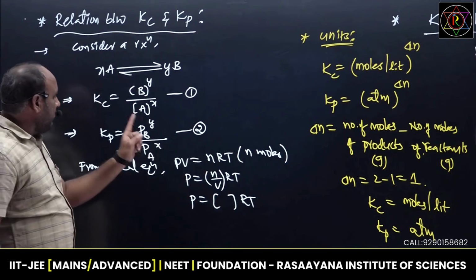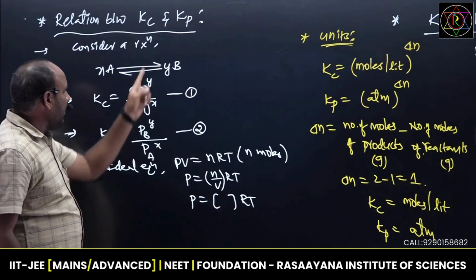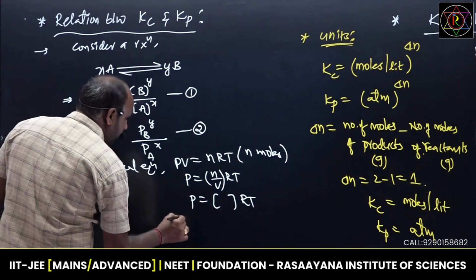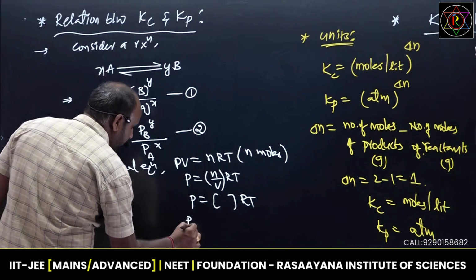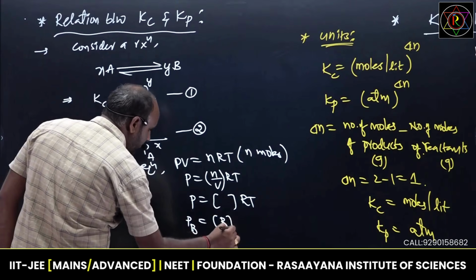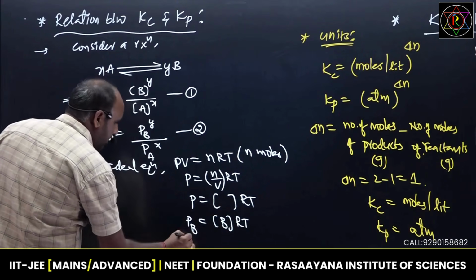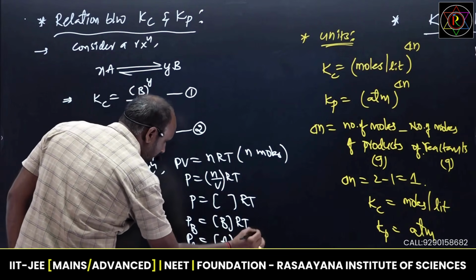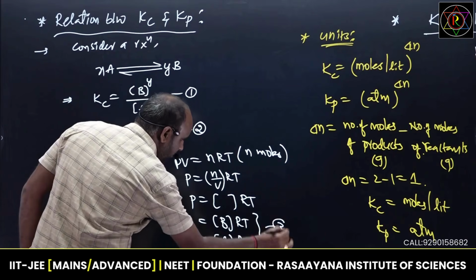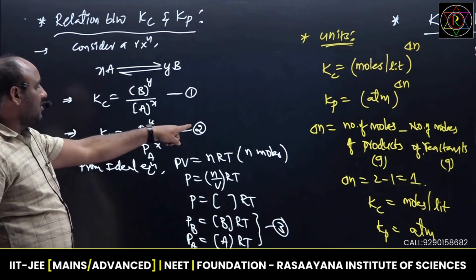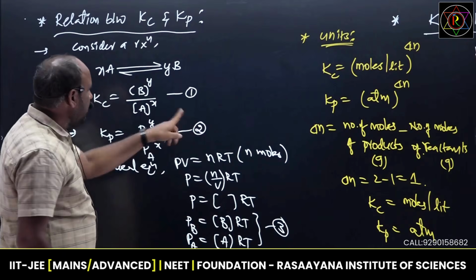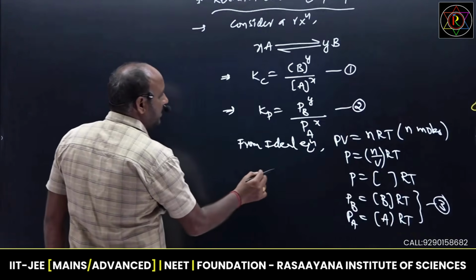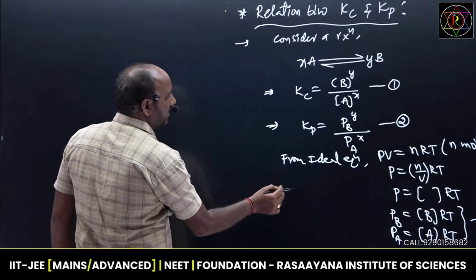Therefore, whatever pressure we apply for the products and for the reactants, we write the pressure of B is equal to the concentration of B into RT, and the partial pressure of A is equal to the concentration of A into RT. These are the equations, equation 3, that we substitute in equation 2 to get the relation between Kc and Kp.